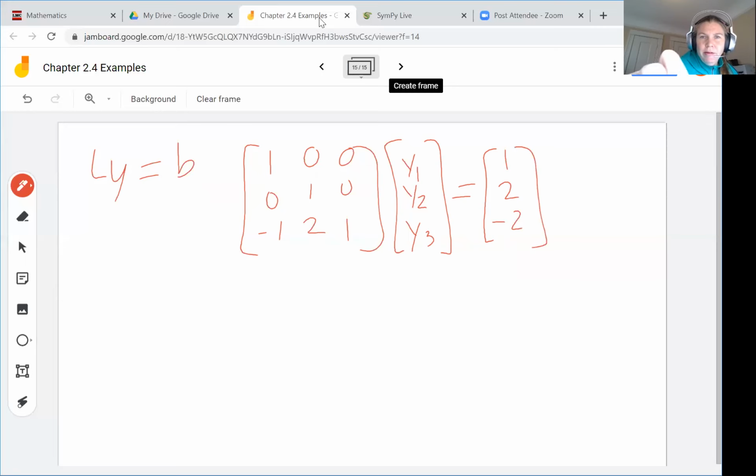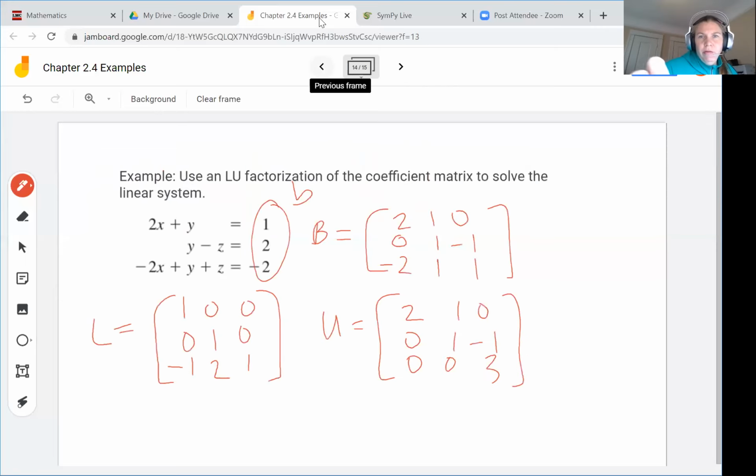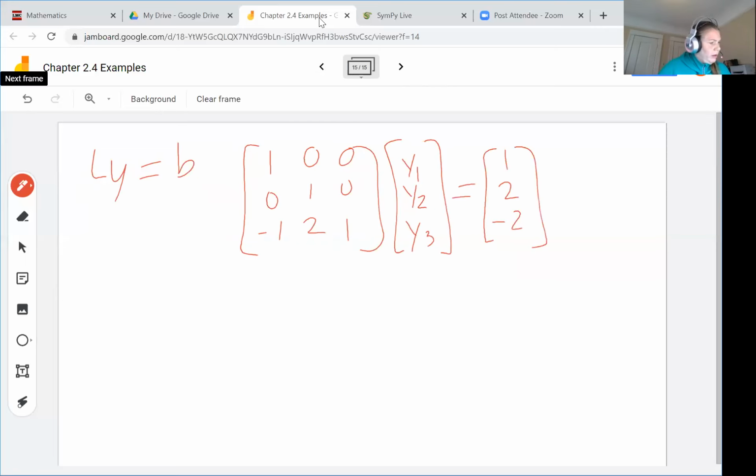You can see this is our column vector b over here. And solving, we can see right away that y1 is going to equal 1 and y2 is going to equal 2.